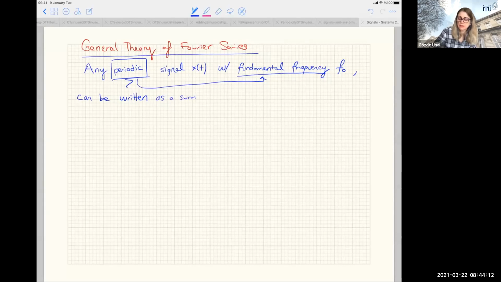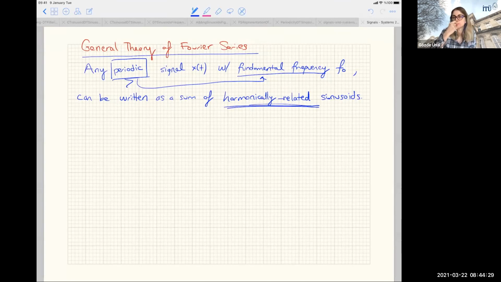this is also important, harmonically related sinusoids. Harmonically, remember what the harmonics are? This is an important keyword. The harmonic frequencies are k f0, with k an integer, of course.